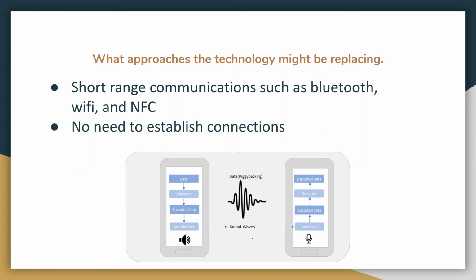Since ultrasonic communication uses the existing hardware as the interface for data communication, there's no need to establish connections or authenticate devices. It's really beneficial when you just want to transmit something over the speaker and have the receiving device pick it up with their microphone. No need to have all the pins that Bluetooth has or the passwords of Wi-Fi. However, this means it is a much less secure way of transmitting data.